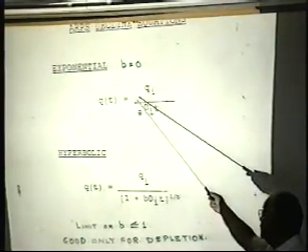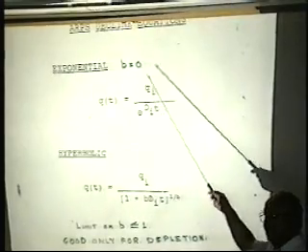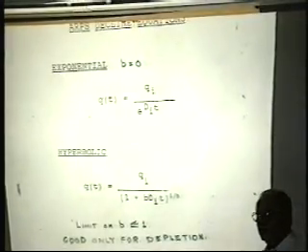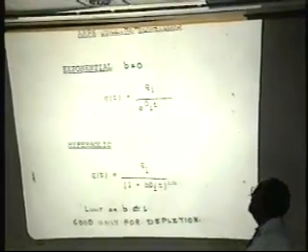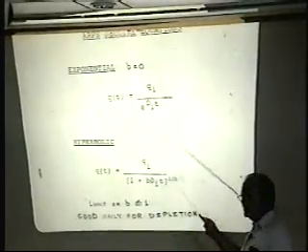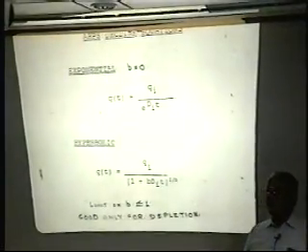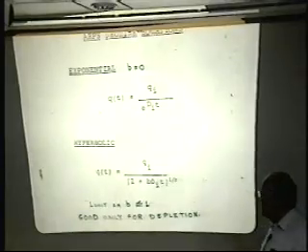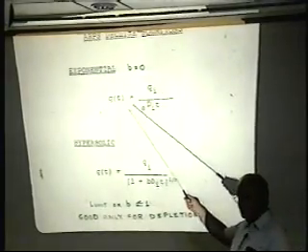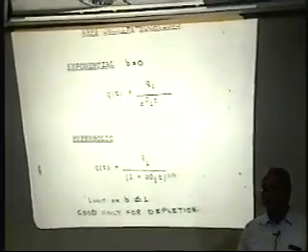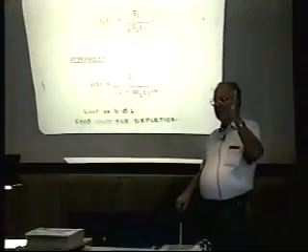One's called the exponential, or decline exponent b of 0. It's a very simple equation, and you can see that if you separate it, you could plot the rate time data on semilog graph paper with the log of rate versus time, and it would form a straight line.